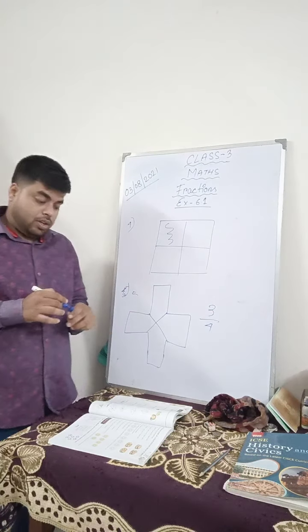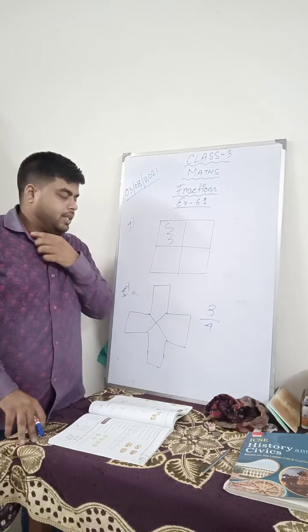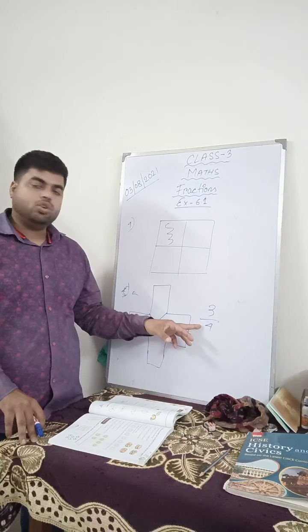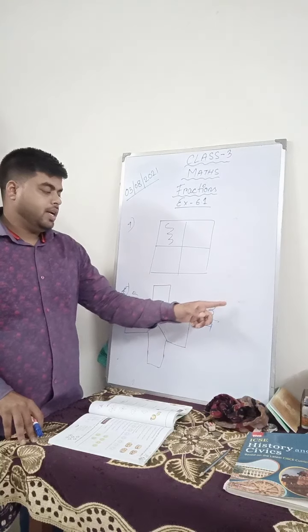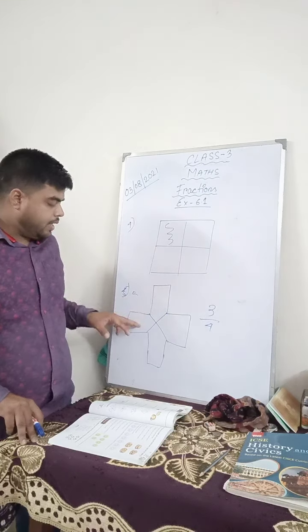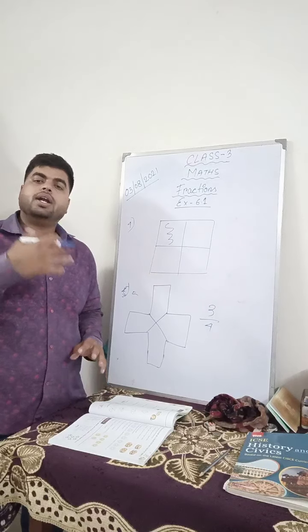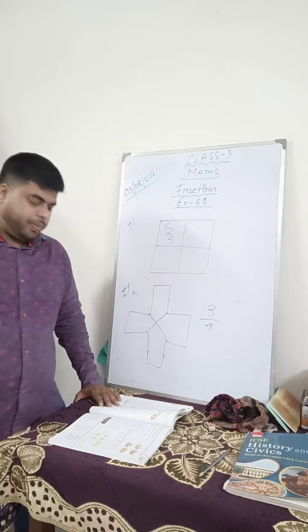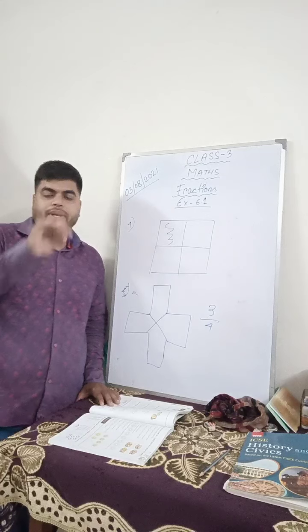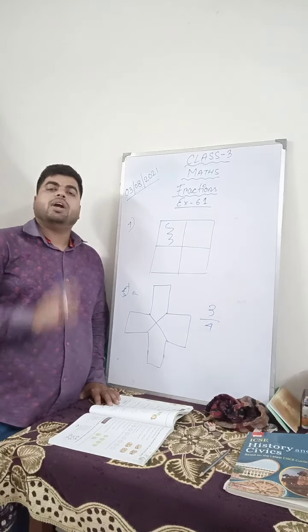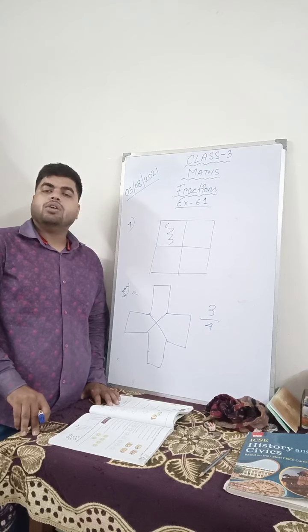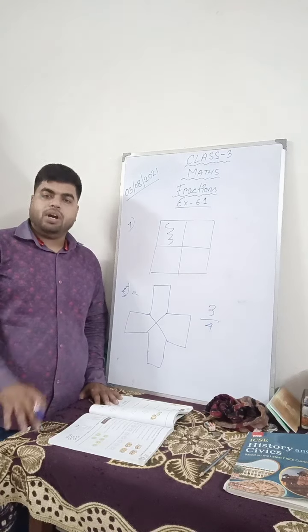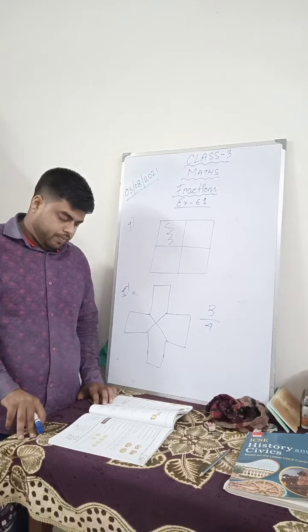I already told you in the introduction class that the denominator is the total part. So here the total parts are 1, 2, 3, 4. Out of these 4 parts you have to color 3 parts, any 3 parts. Then in question number B, 1/2 means out of these 2 parts, any one part you color. In question number C, there are 4 parts, so out of those 4 parts, you color any one part. I hope you have understood.